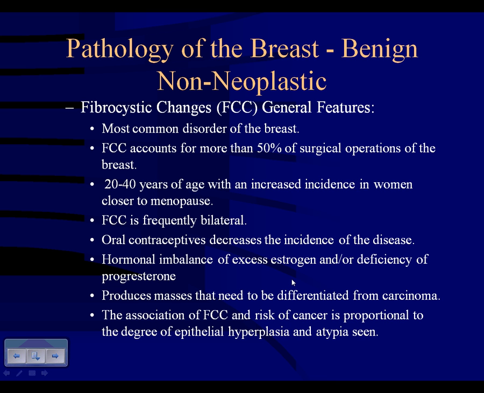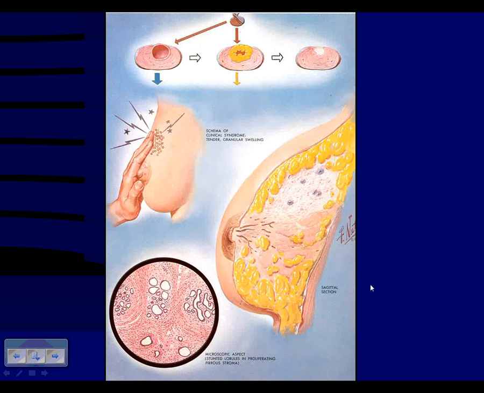If there's all this hyperplasia with atypia, it is felt that it increases the patient's risk of cancer. Although if you have it, it doesn't mean you're going to get cancer, it's considered a higher risk condition, and usually those patients will be followed a little bit closer.